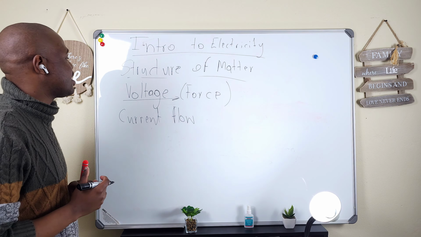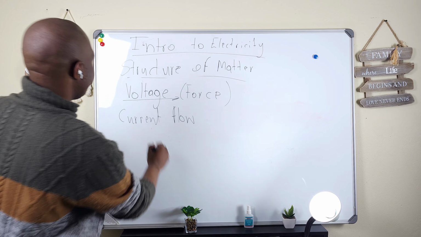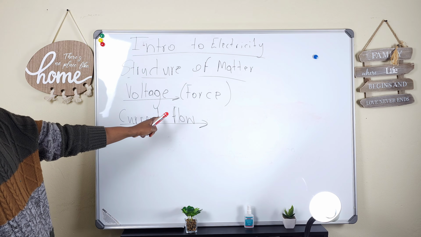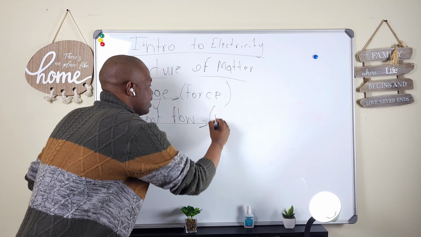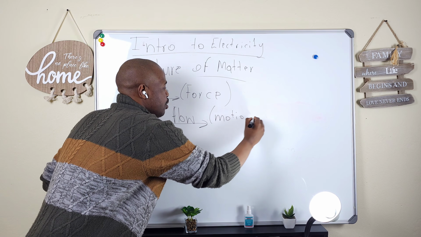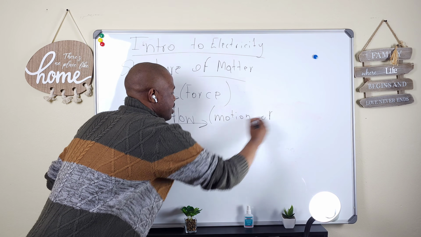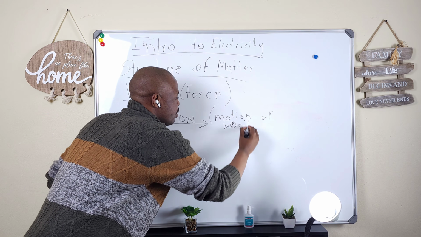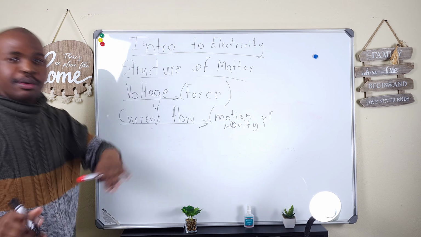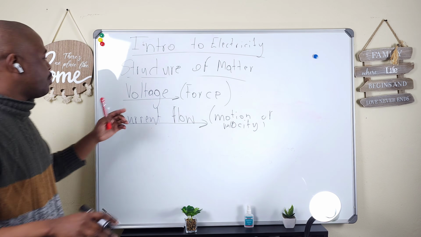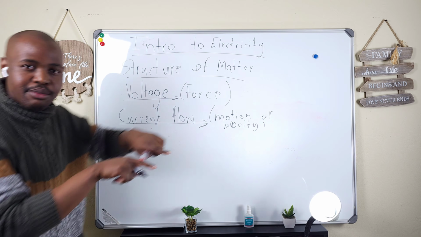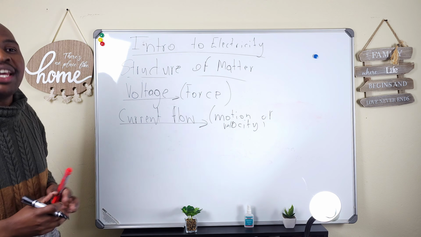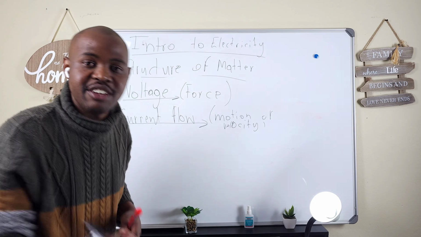Think of voltage as a force, and think of current flow as motion, or velocity. In order for us to have motion, we must have a force. Then we'll have movement. Hence, the movement of free electrons is what we call the current flow.